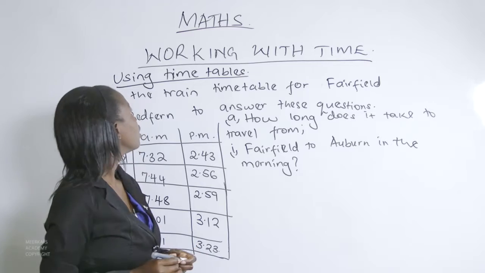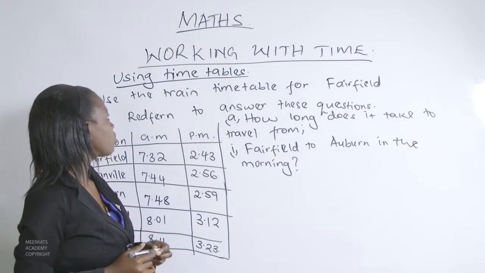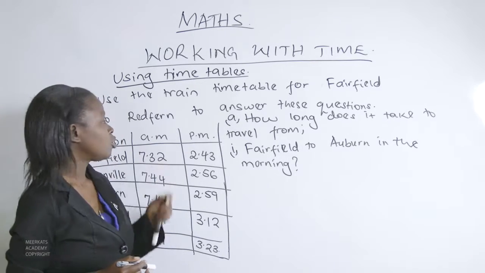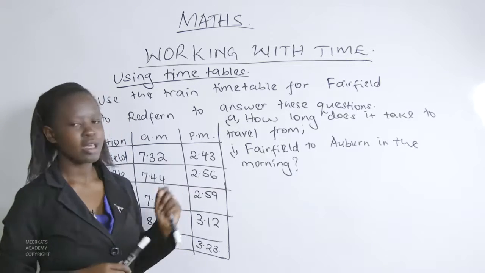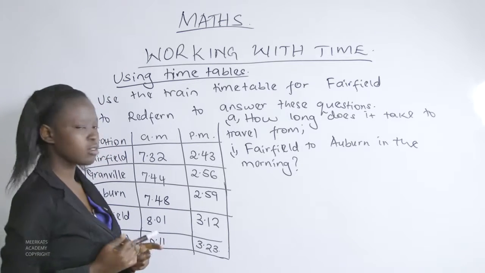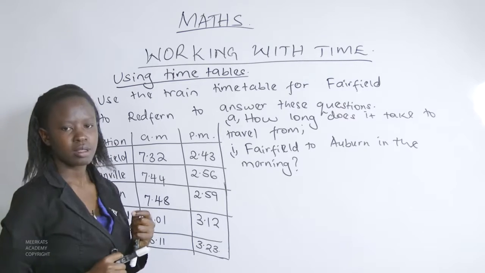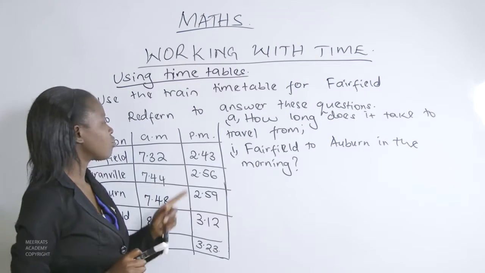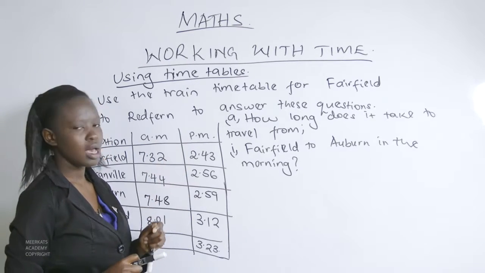So we have a timetable that is used by a train to travel from Fairfield to Redfern, and we are supposed to use this timetable to answer the questions. So according to this timetable, we have the stations that this train passes through. Then the train either travels in the morning or in the afternoon.